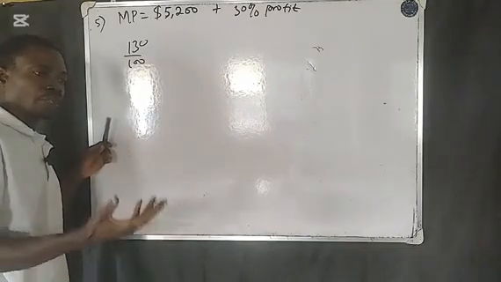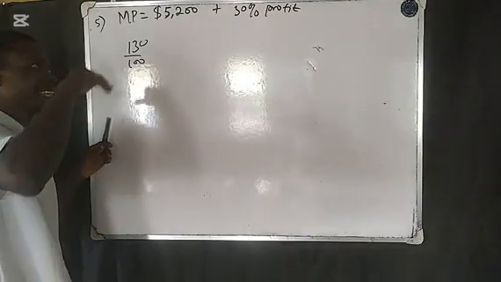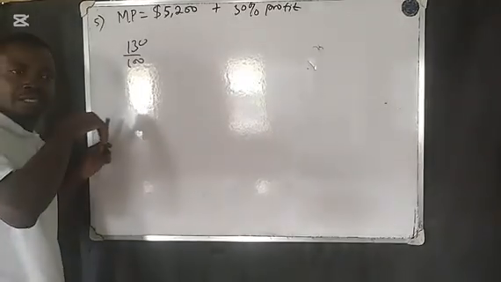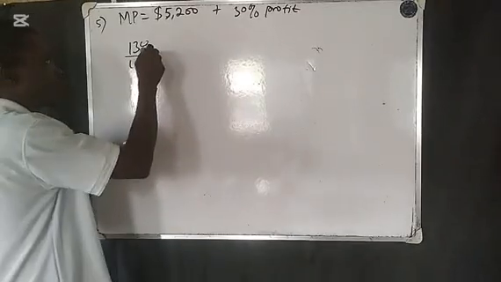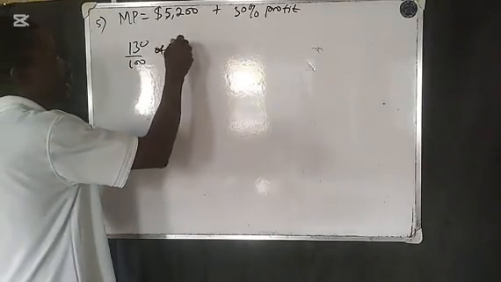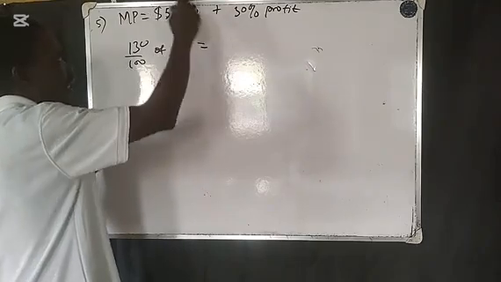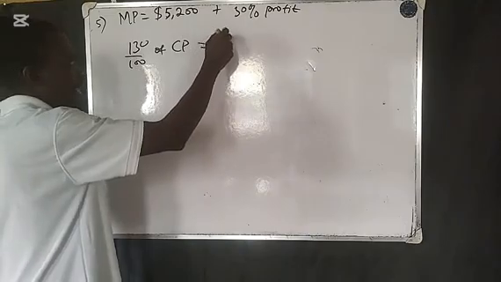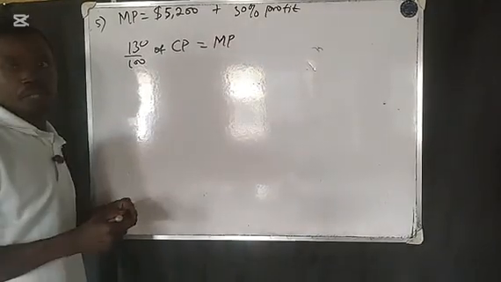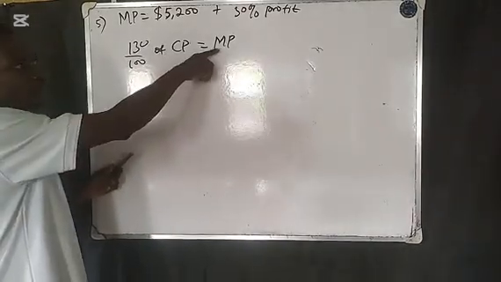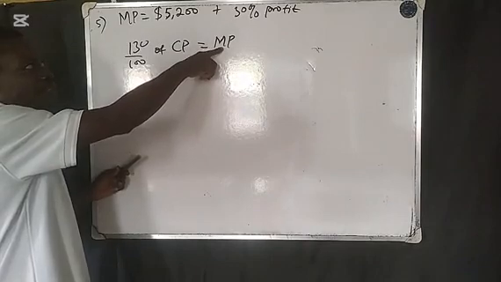So the percentage of my profit is 30%. So 130% of cost price is equal to the amount I'm putting here as the MP, because I'm raising the cost price. That's why I'm able to enjoy this selling price.